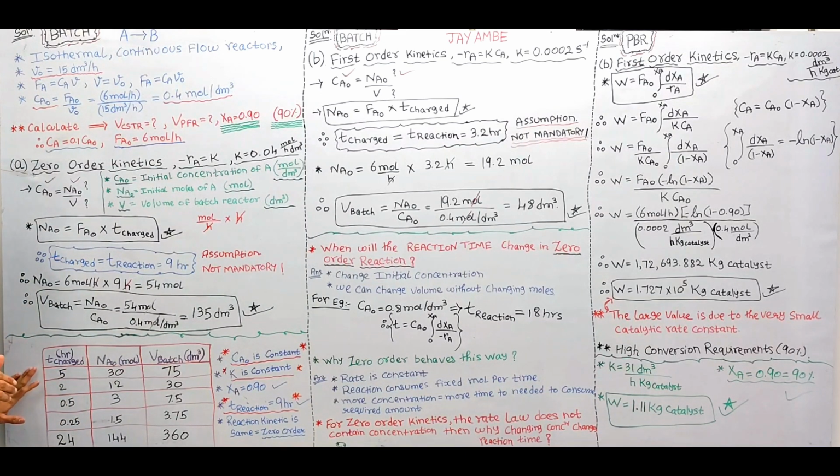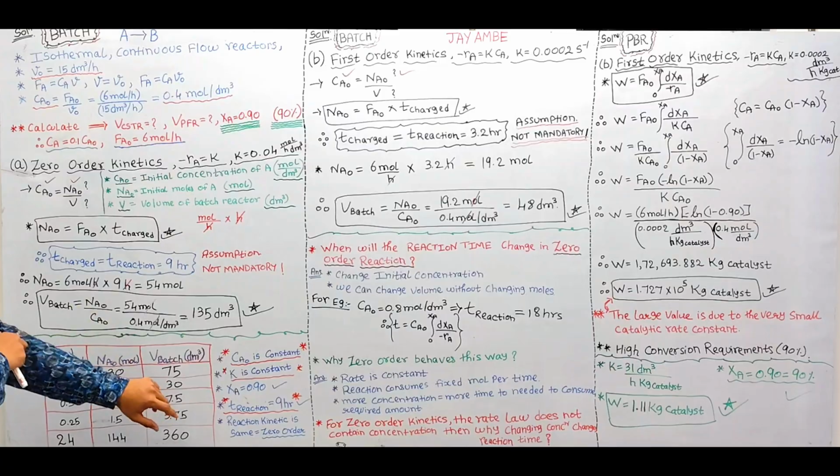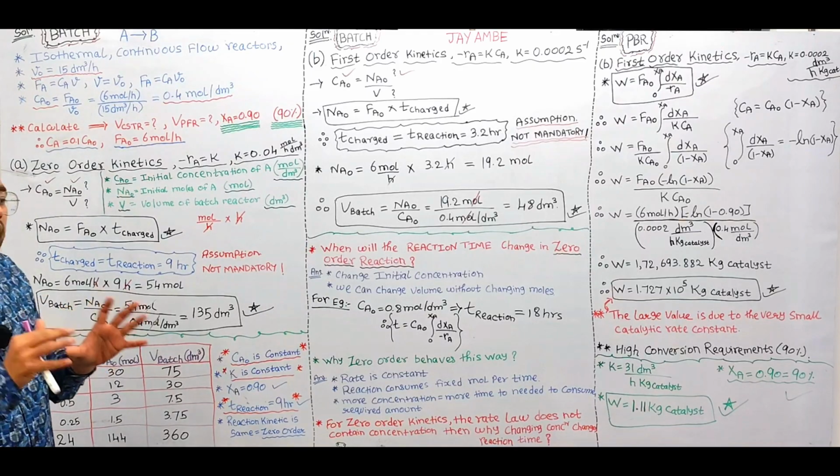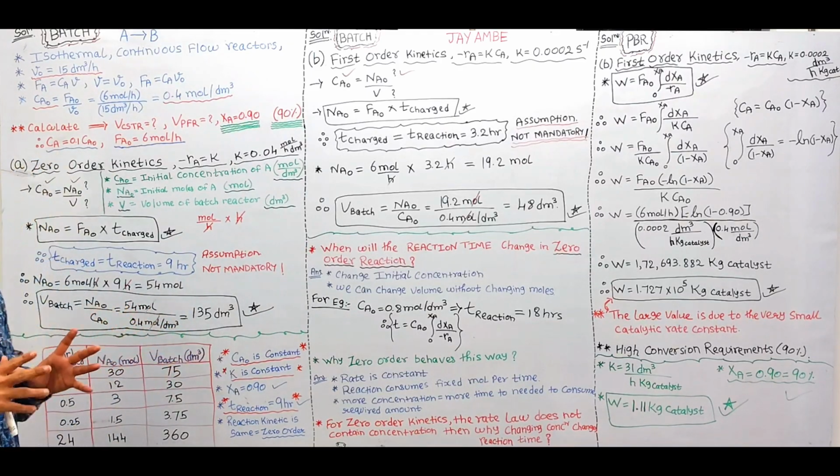Now what if I decrease my charge time from 5 hours to 2 hours? We are practically understanding the real scenario. After 2 hours, how many moles of reactant are present in the reaction environment?